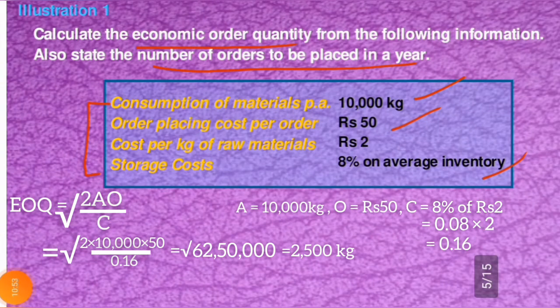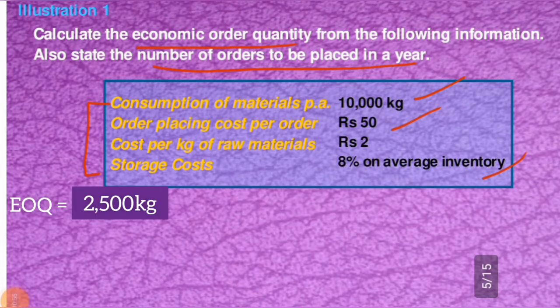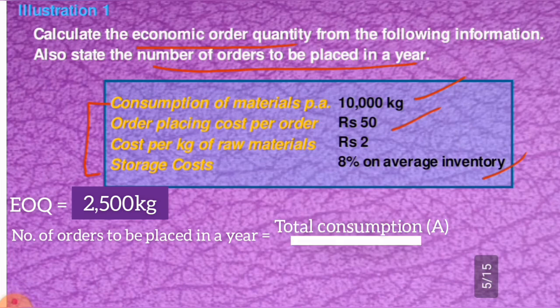Okay. Now we have to find the number of orders to be placed in a year. So let's put it into the formula, that is total consumption of materials per annum, that is 10,000, upon EOQ, which we have already found, 2500 kilogram. By dividing it, the answer is 4 orders per year.